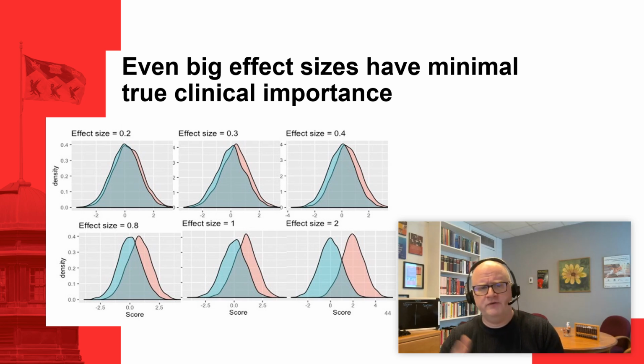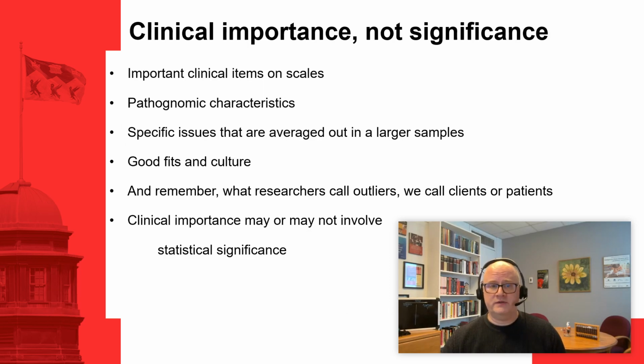Now, we always want something that's slightly better. We're always trying to improve incrementally, and we want to use something that's more effective. However, it's not unreasonable to use something less effective because of other factors. And that's really where clinical importance comes into being. For example, you may decide to use a less effective therapy in research, but that therapy fits in with this person's culture, it fits the resources available, and the client may have more buy-in with that type of therapy.